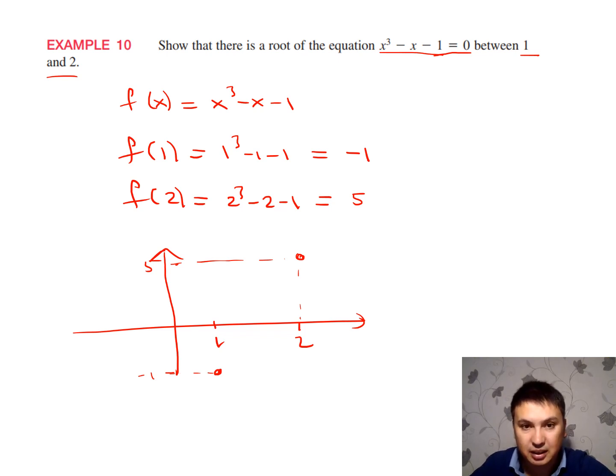I know that this is a continuous function, so I need to sketch a graph without pulling my hand, so there shouldn't be any interruptions. Because you're passing from a negative value to a positive value, going from -1 to 5, I have to intersect the x-axis at some point. So this point is going to be 0. So this is the intermediate value theorem.